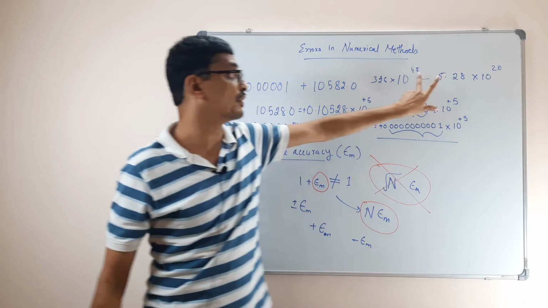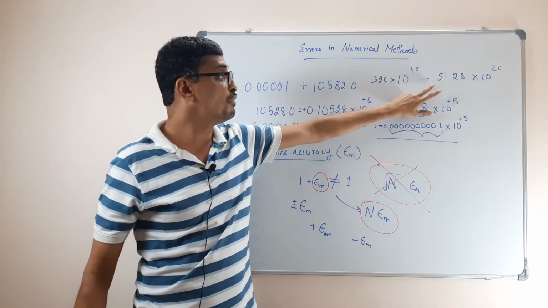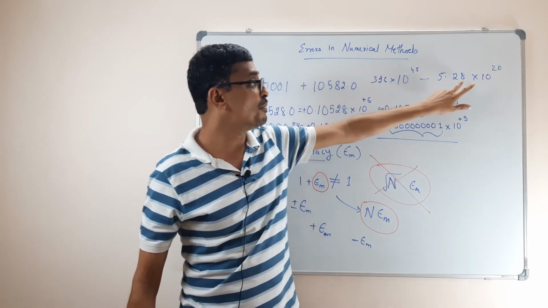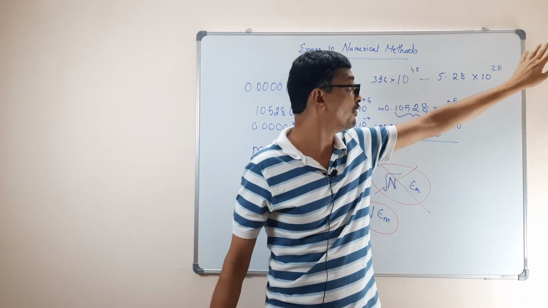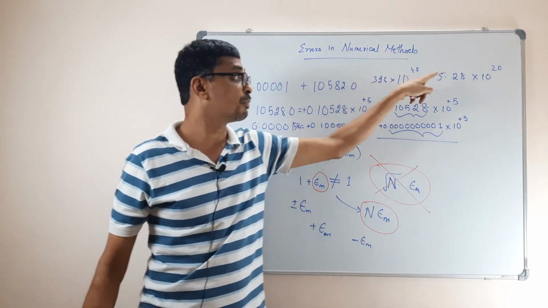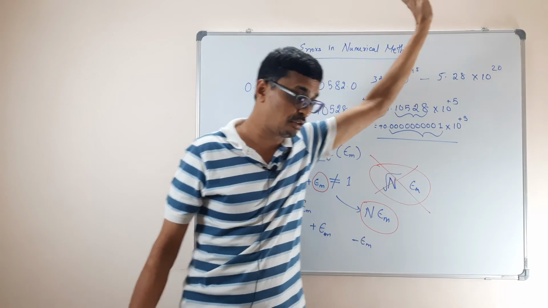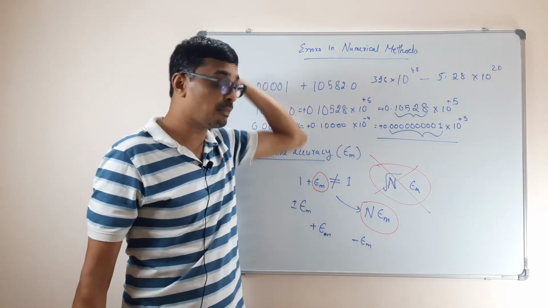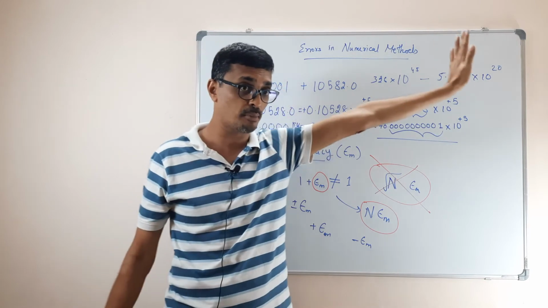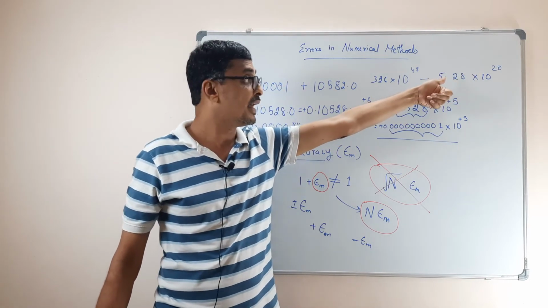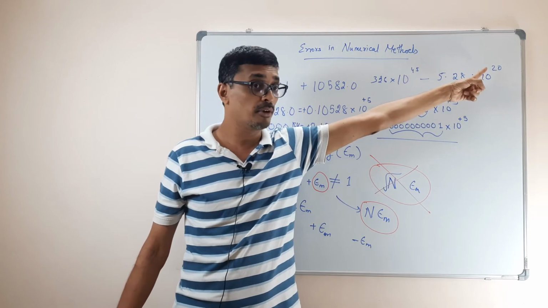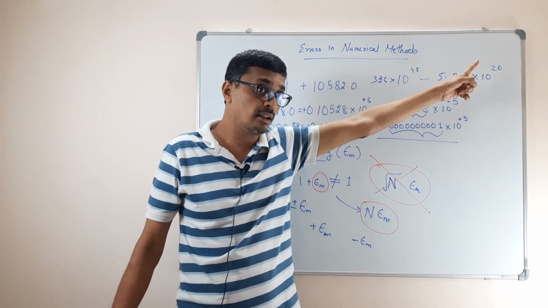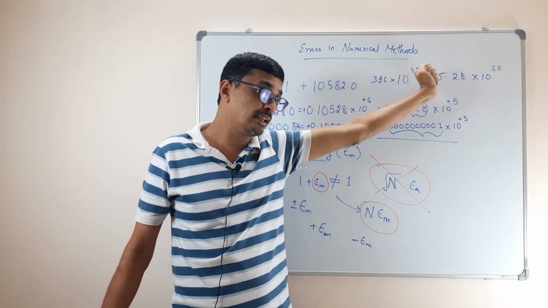Either this one or this one has to be brought to the other exponent. Then how many zeros will you add? 0.00000, you have to add many zeros. In that case you push the 5 and 8 so far away from the mantissa that your error will be of the order of 10 to the power of 20 or 10 to the power of 9. Am I making it clear?